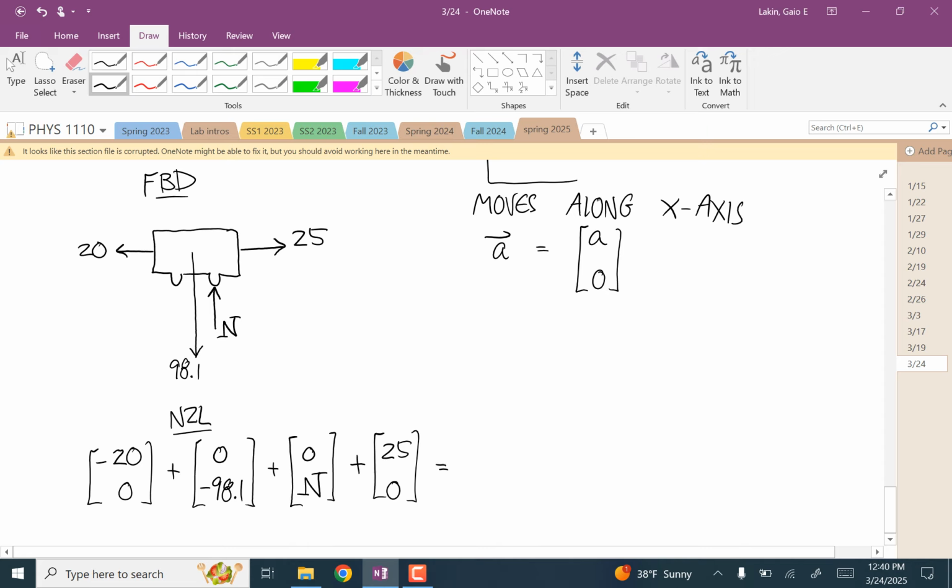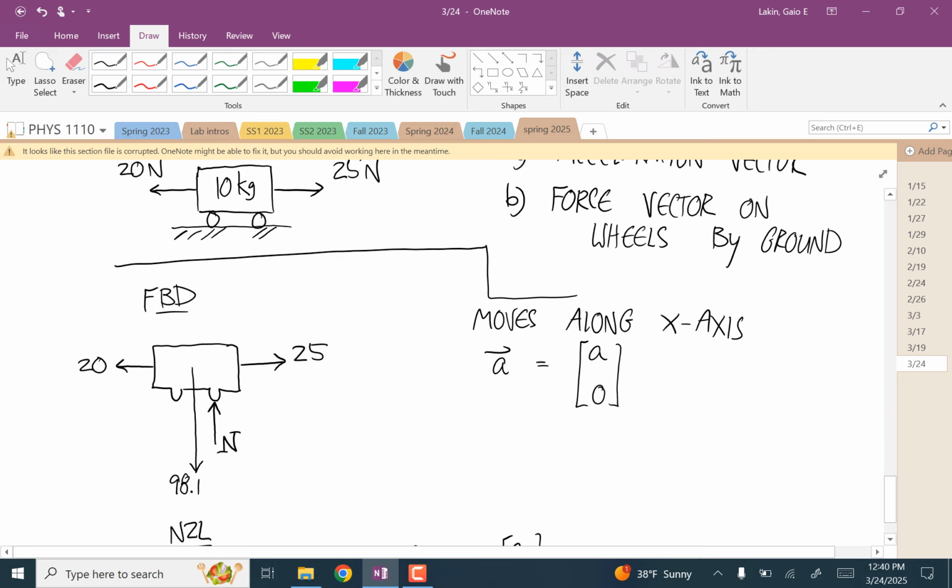And all of that is equal to the mass of the object, 10, times the acceleration vector that we established, a, 0. Okay, and now it's just a matter of solving this. This vector equation gives us two separate equations, an x equation and a y equation, and we can use those to solve for variables.